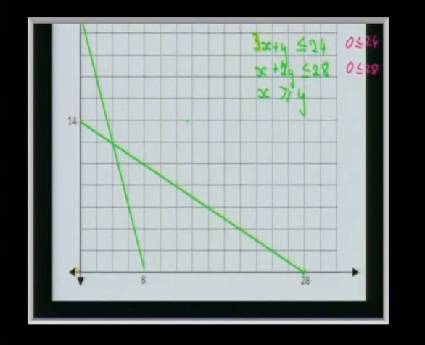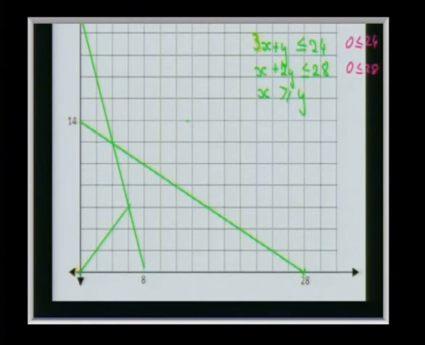Now you will notice that we can't use our little rhyme of let x equal 0, find y, let y equal 0, find x. We can't use that one because they both go through 0, 0. So we've got the point 0, 0 going through 2, 2, 3, 3, 4, 4, 5, 5, 6, 6 over there.